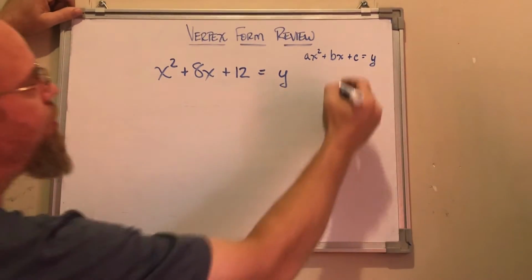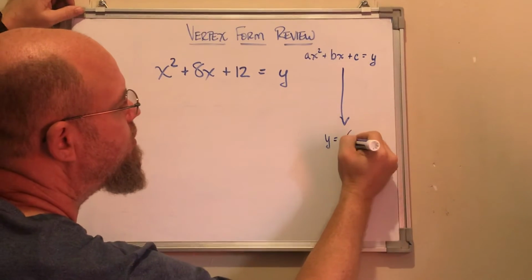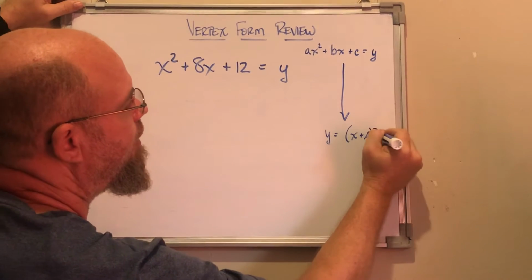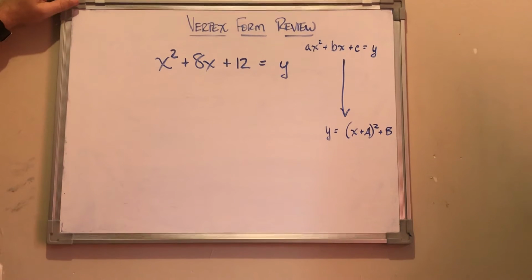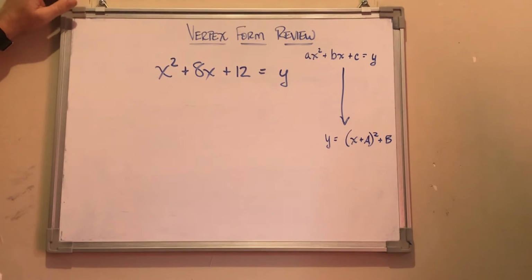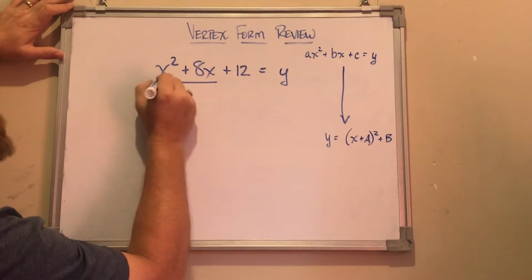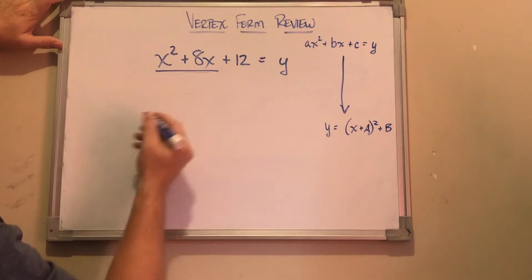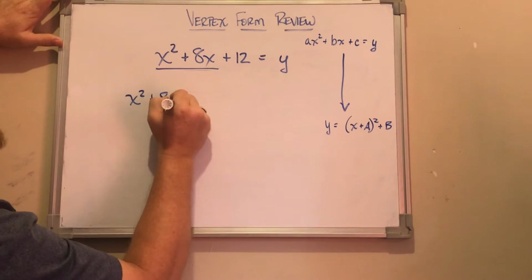And what we're trying to do is change it to where y equals a perfect positive square plus a constant. The way we do this is we take a look at this binomial, the x squared and the x, and we're going to rewrite it so that we have some room.